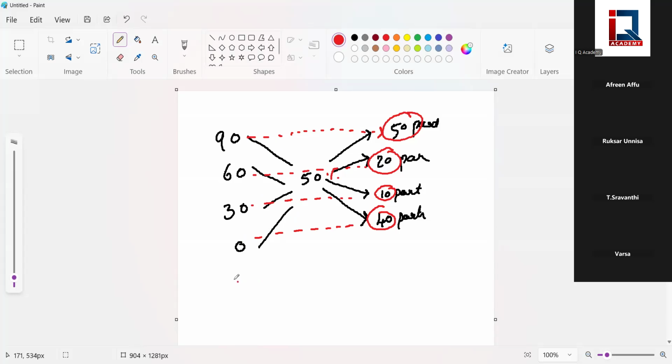Did you get the question? He is asking you to calculate 500 ml. So what should we do? 500 ml into 50 parts first, for 90%, by the total number of parts. 50 plus 20 is 70, plus 10 is 80, plus 40 is 120. So 500 into 50 by 120.